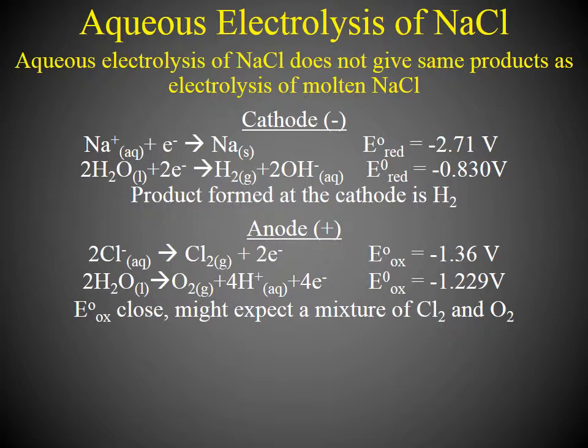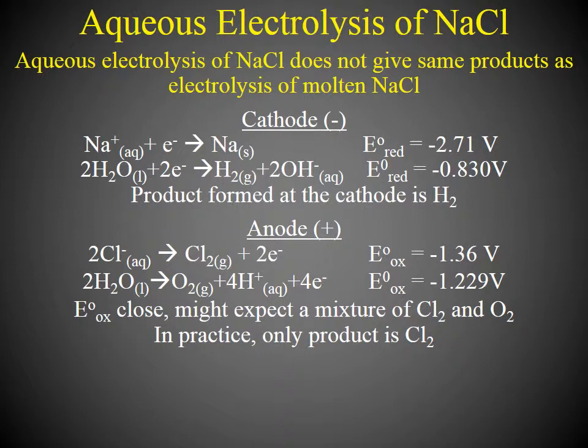Now, one would think by looking at these values that water will get oxidized before chlorine will. However, in part because the values of the energy required are about the same, and also because there's another factor called kinetics.